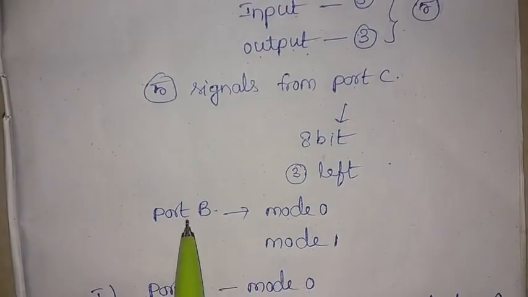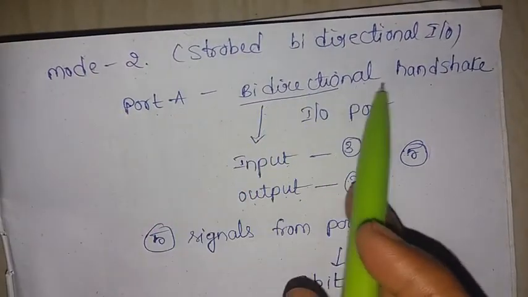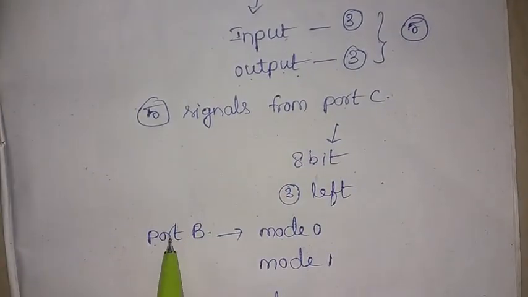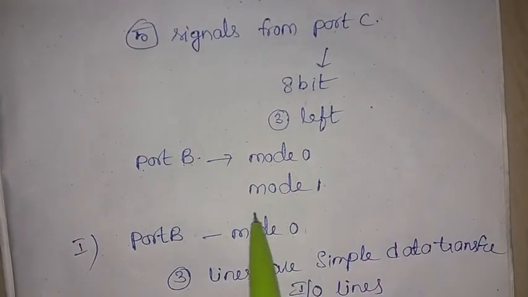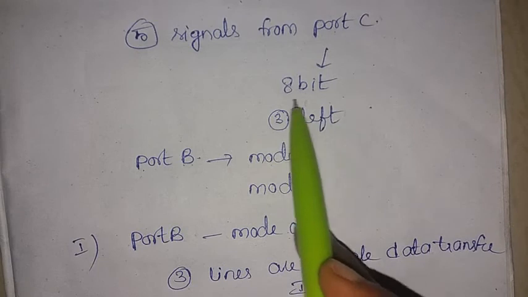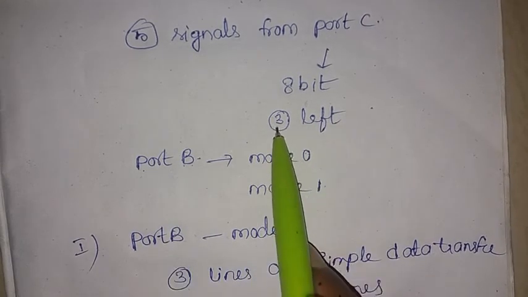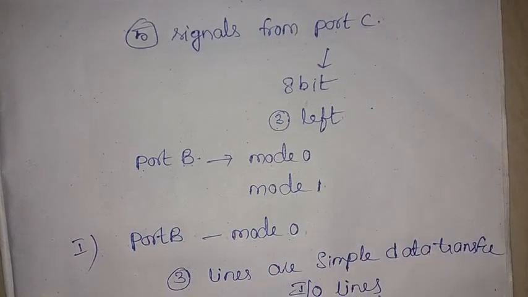Now come to port B. Here port A is used as a bidirectional handshake I/O port, and port B can be operated in 2 modes, mode 0 and mode 1. If you operate port B in mode 0, these 3 lines can be used as simple data transfer I/O lines.